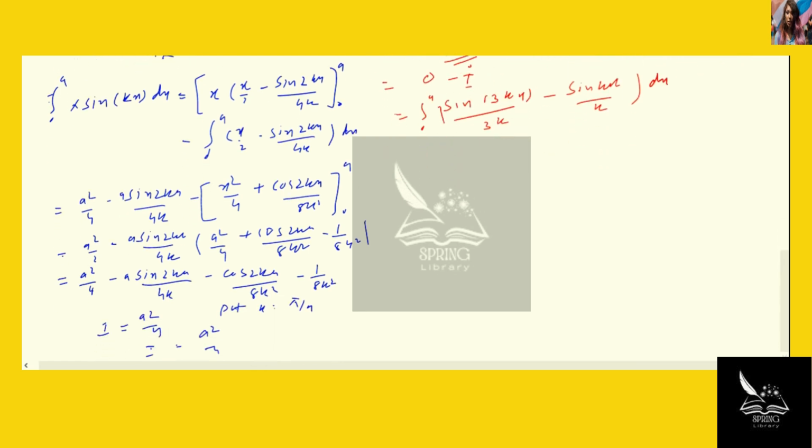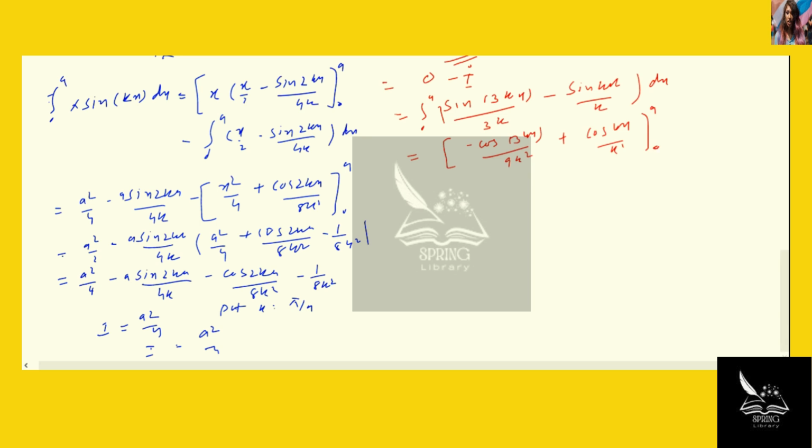So this becomes equal to minus cos 3kx out of 9k square plus cos kx out of k square, with the limit from a to 0.